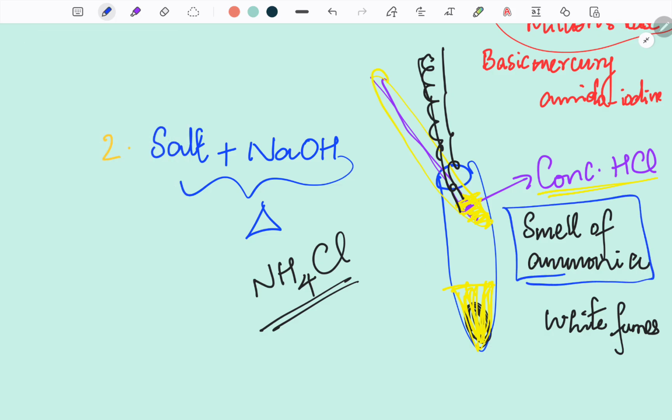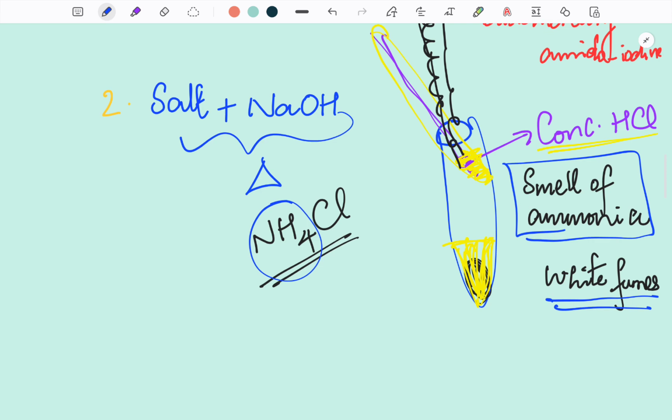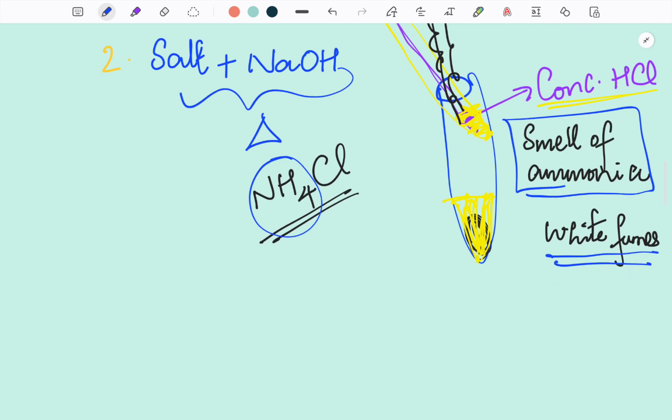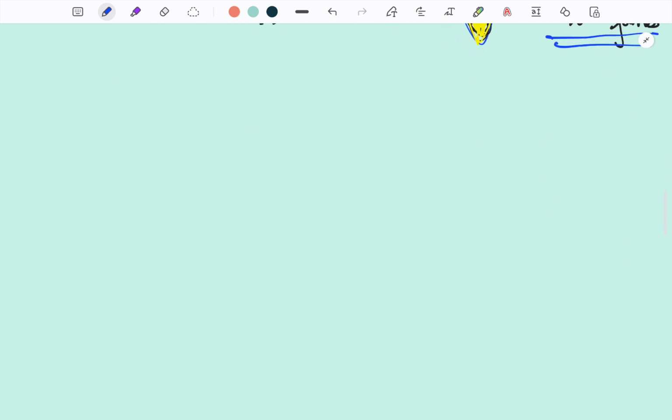That is why you're getting ammoniacal smell, because in NH4Cl you are having ammonium ion. And also the white fumes which are being produced are actually NH4Cl fumes. So that is all about the group 0 cation, that is ammonium.